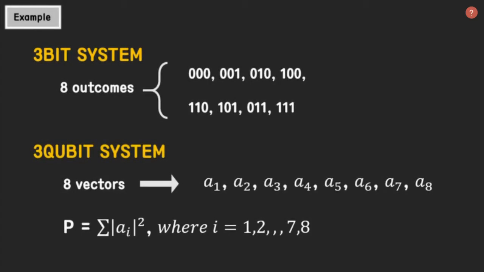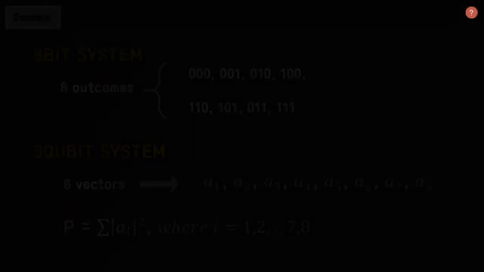However, the quantum 3-bit system works slightly differently. Because each qubit can represent any complex number between 0 and 1, the sum of squares of the multiple probabilities must equal 1 for the 100% probability.